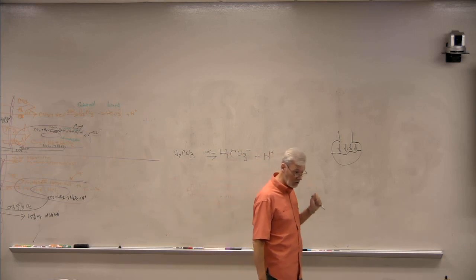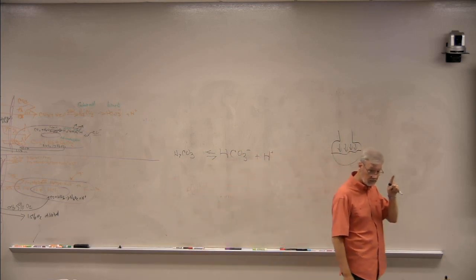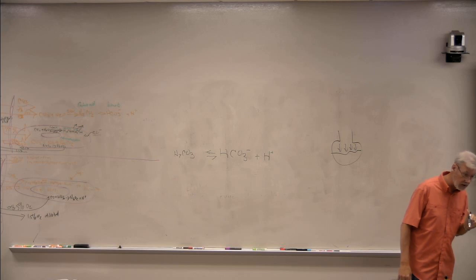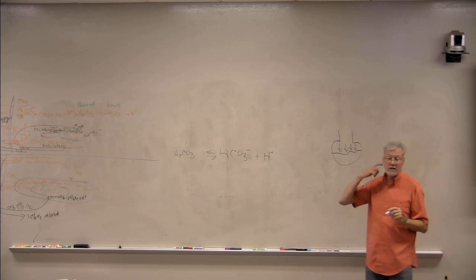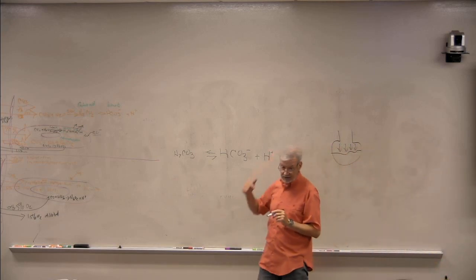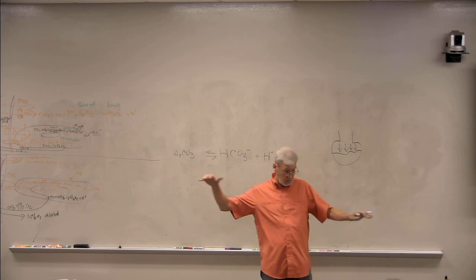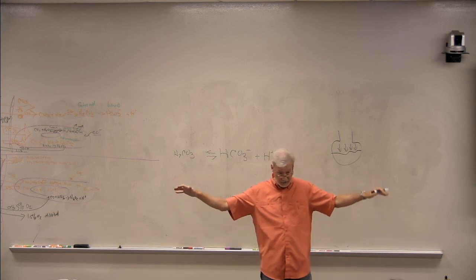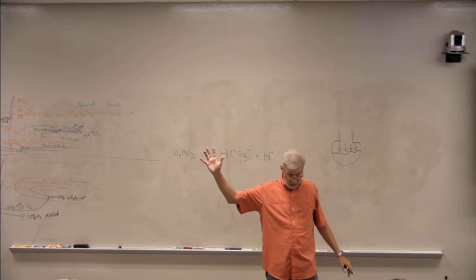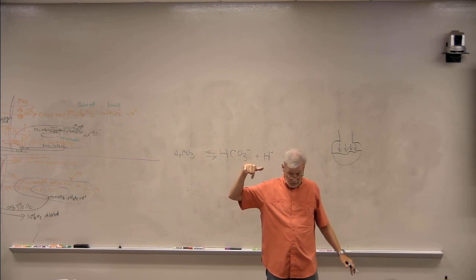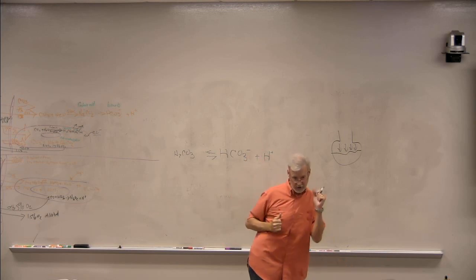Sodium Na+, chlorine Cl-. It's a negatively charged electrolyte. Through active transport, when the bicarb comes out, our charges are no longer balanced. So the chlorine comes into the red blood cell, and that's called the chloride shift.